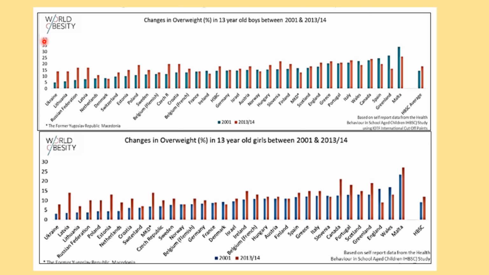That is for boys. And you can also look at what it was like for girls. So girls had a much bigger increase in the percentage overweight between the 2 years than the boys. This is the type of thing you need to be looking at and comparing when answering these tasks.